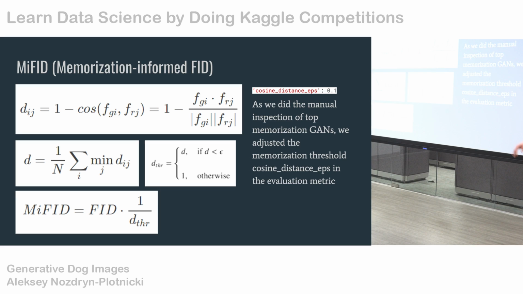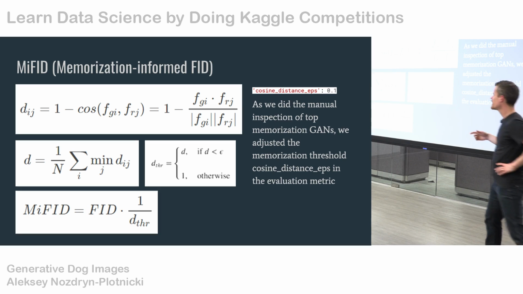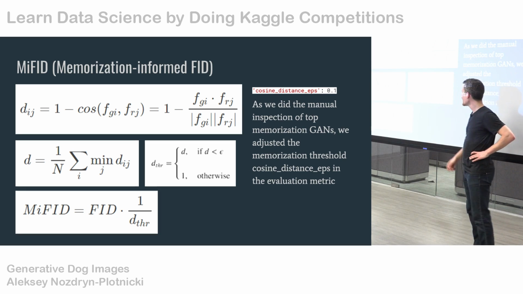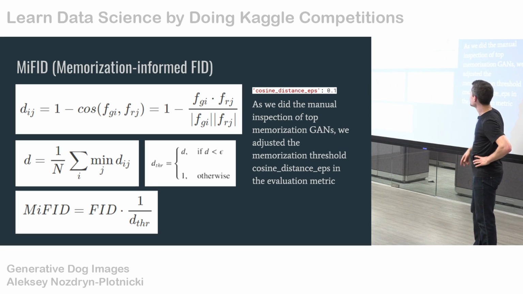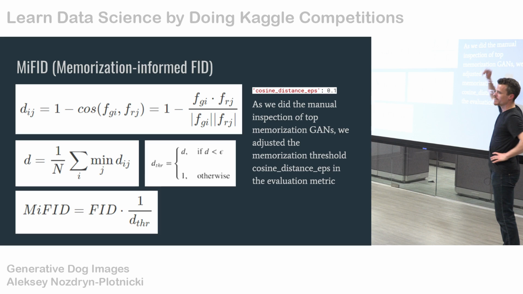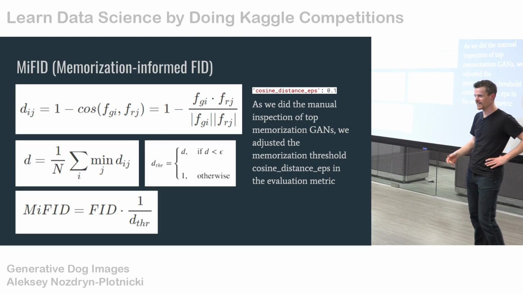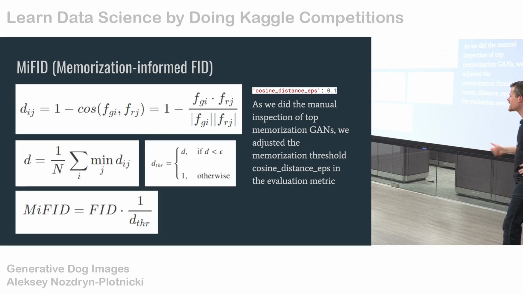I put all the equations on here. Essentially what they do is they take the generated images and find the closest real image for all of them. And then we ask, on average, what is the distance to the closest? And if it's too close, like a cosine distance of less than 0.1, then we slap you with a big penalty. And so that's how they handled it.